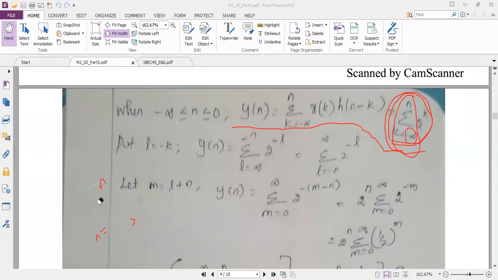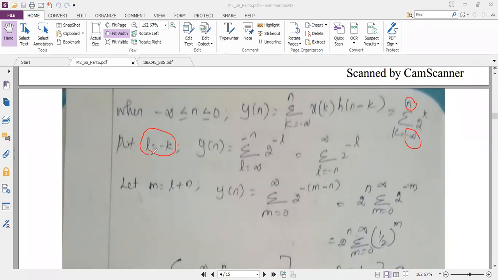To do that, we can follow any type of steps, but here I am following the simplest technique, trying to convert my lower limit to 0 and upper limit to infinity. Because in mathematics, I have the formulas for lower limit 0, upper limit N minus 1, or lower limit 0, upper limit infinity.